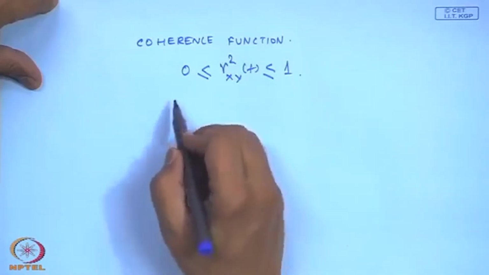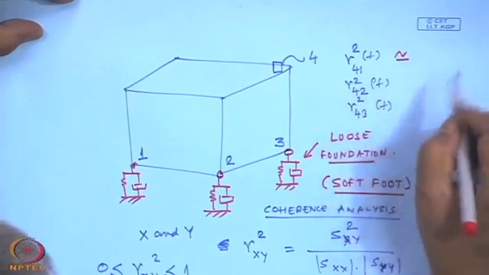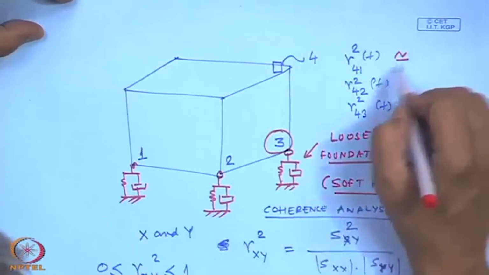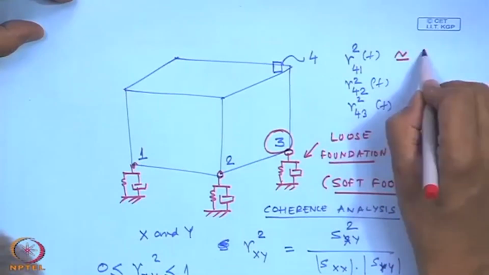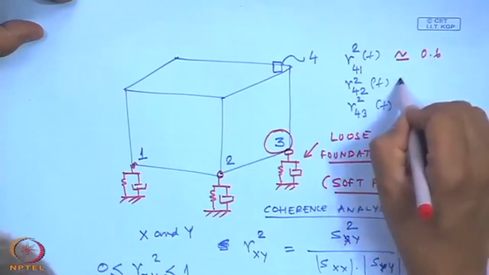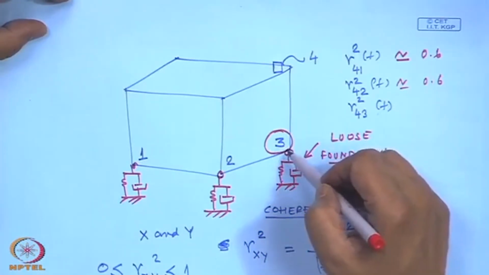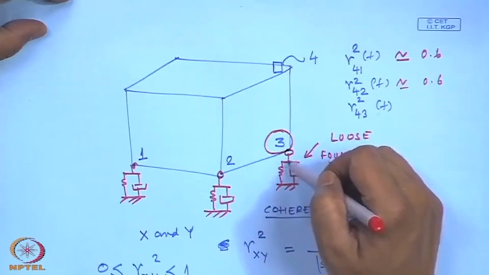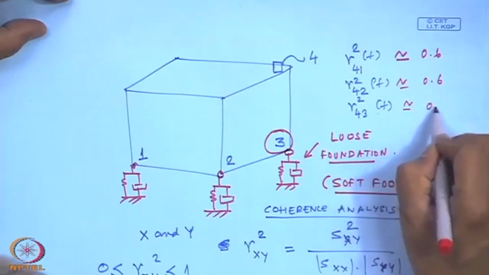So, when I measure the coherence, okay, you will see, for example, if number 3 is loose or having a soft foot, this could be of the order of maybe 0.5 or 0.6, and you will see that the vibration at 3 is nowhere related to 4, because they are not connected to the system, so this could be very low.